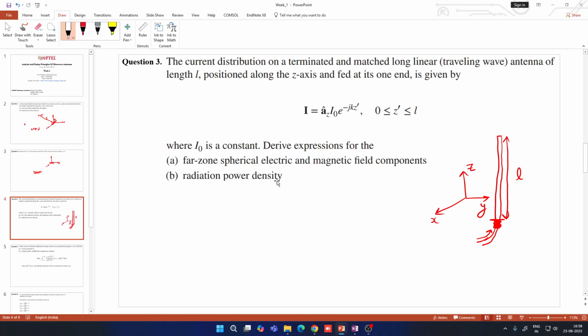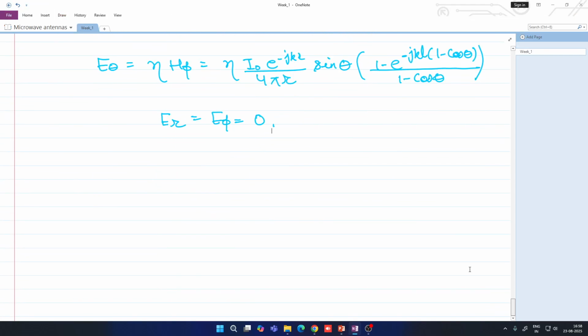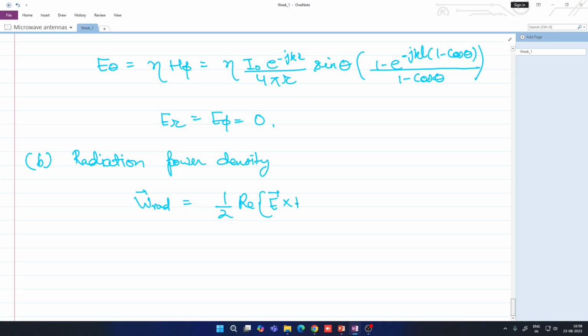Now we will solve part B of the problem. In part B we have to find the radiation power density. We have studied it before in electromagnetics that radiation power density W radiated is equal to 1 by 2 real part of E cross complex conjugate of H, which is 1 by 2 eta.